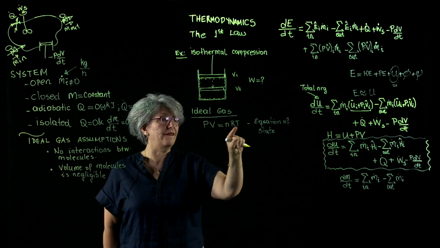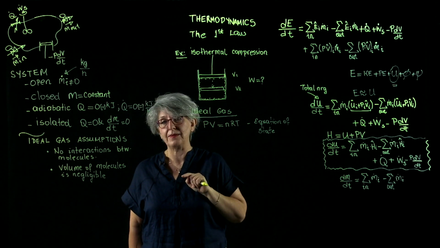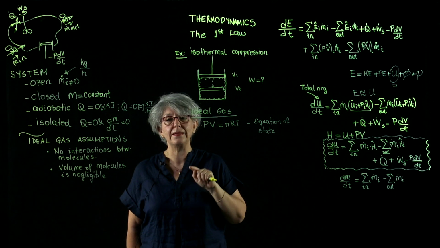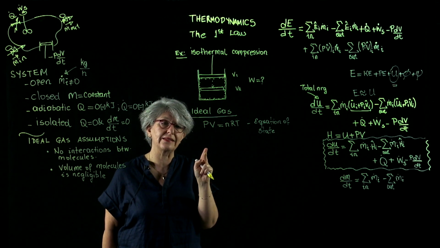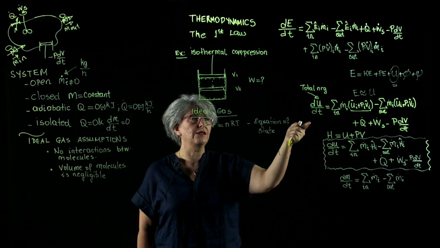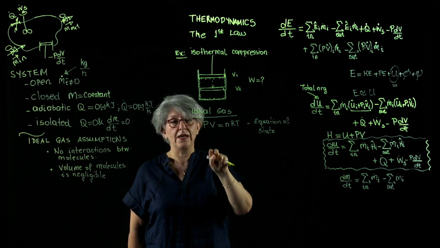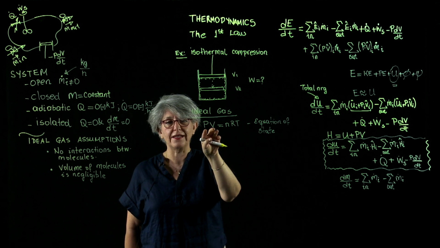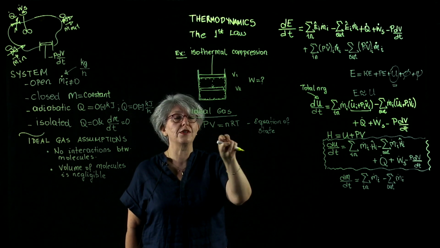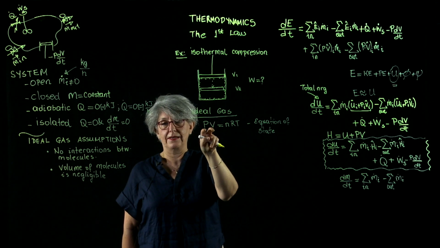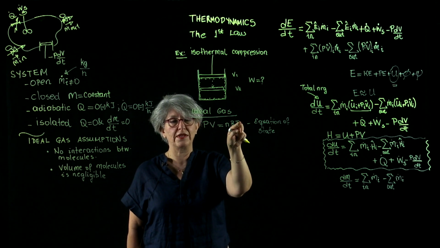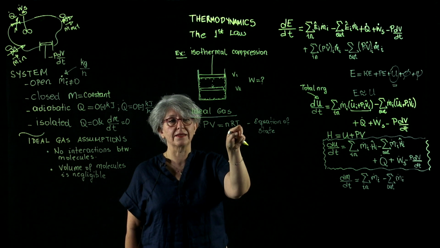Now, this is one relationship about an ideal gas. The other relationship relates the ideal gas internal energy to its temperature. Here, the ideal gas law or equation of state relates P times V to the temperature of the ideal gas.